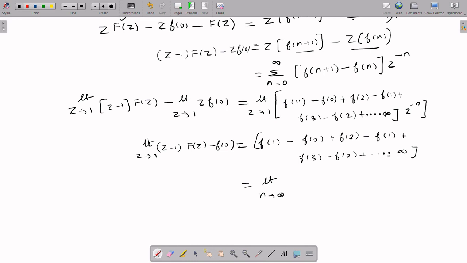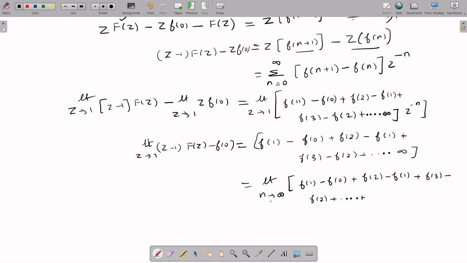When you write it as n tending to infinity, it can have f of 1 minus f of 0 plus f of 2 minus f of 1 plus f of 3 minus f of 2 plus etc, plus what about the last term?